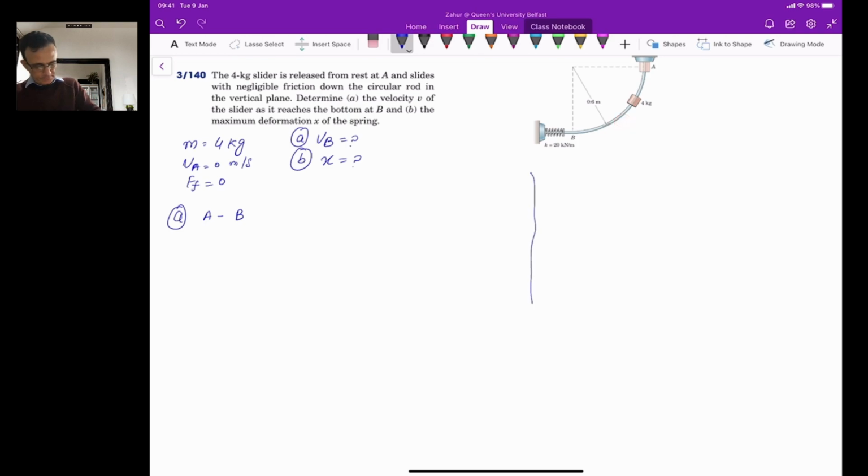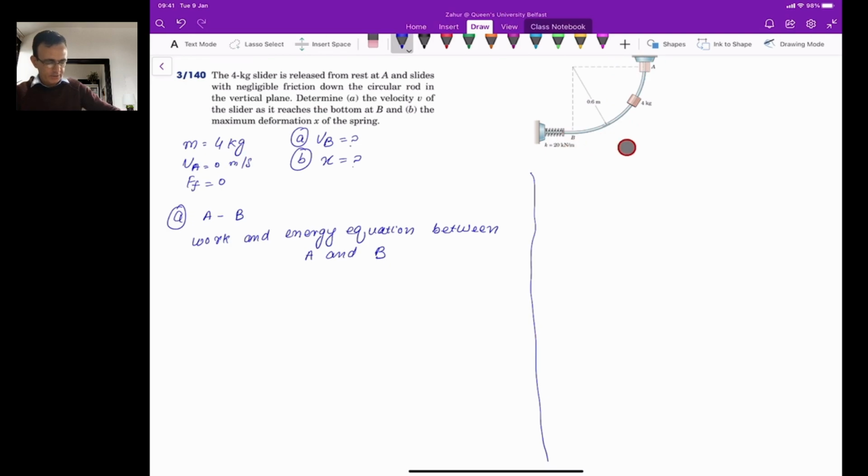So what we can write is the work and energy equation between location A and location B.